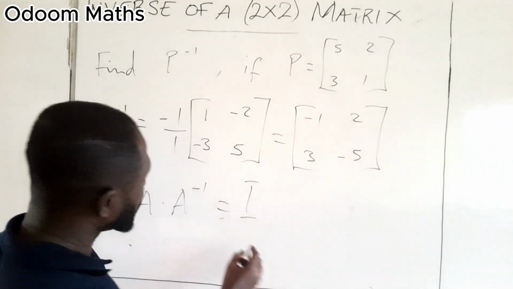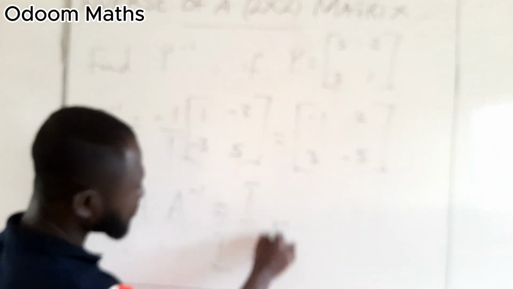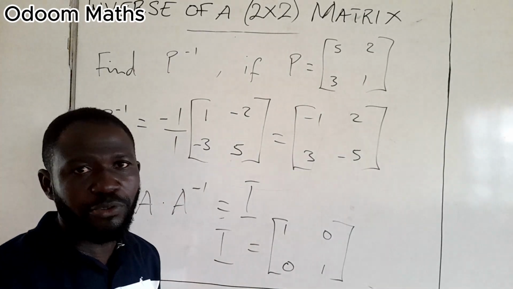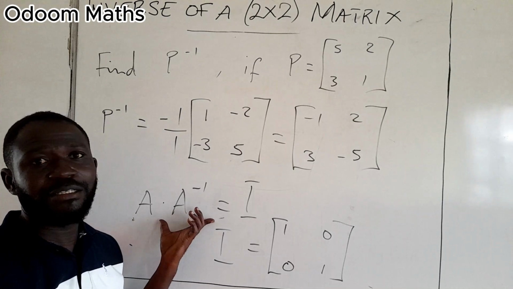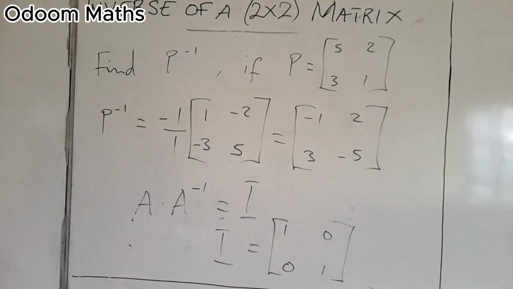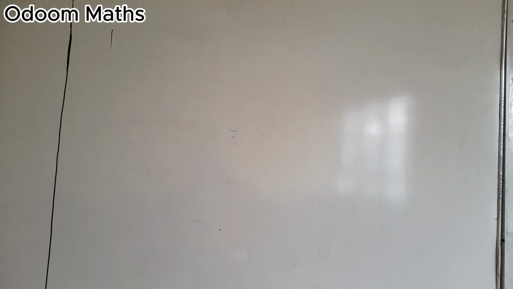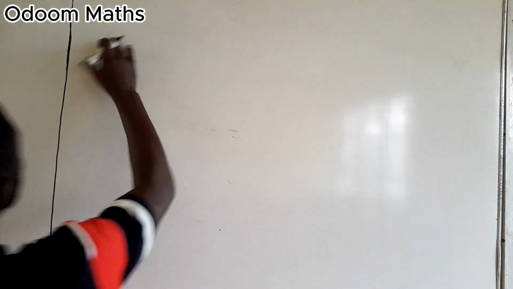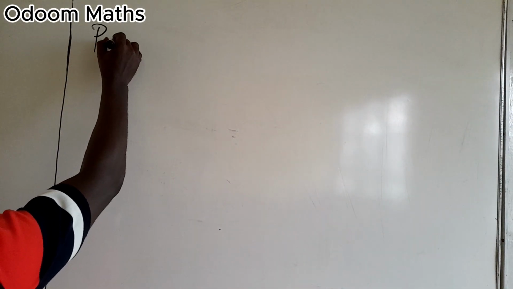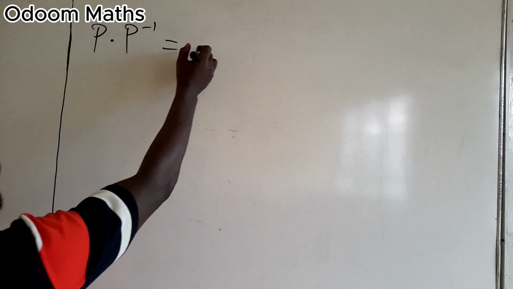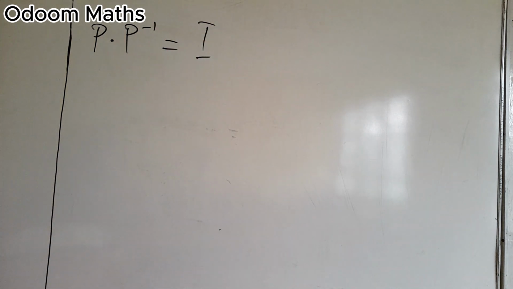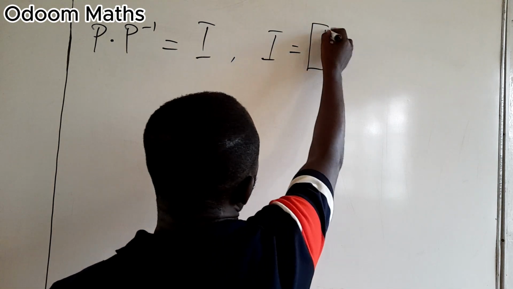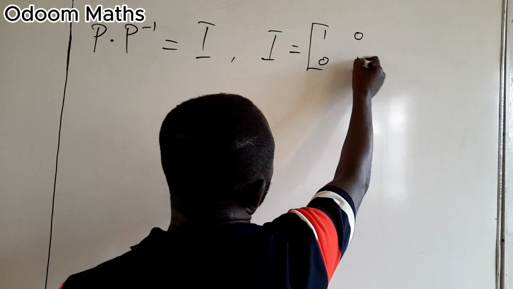We know the unit matrix to be equal to 1, 0, 0, 1. Now we are trying to see whether P times P inverse will give us I, and I is equal to 1, 0, 0, 1.